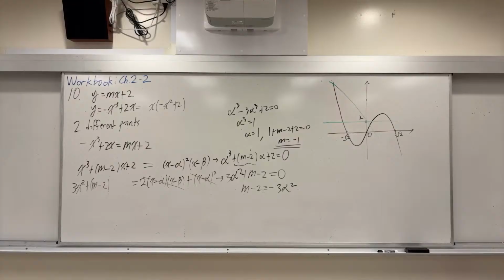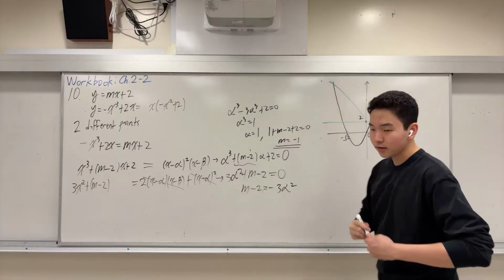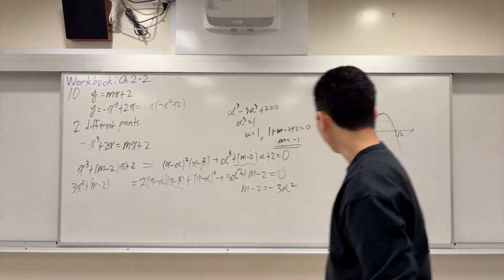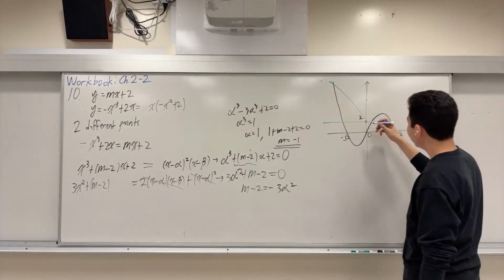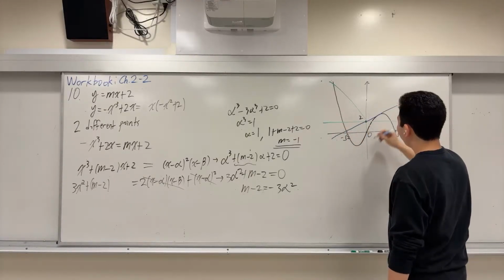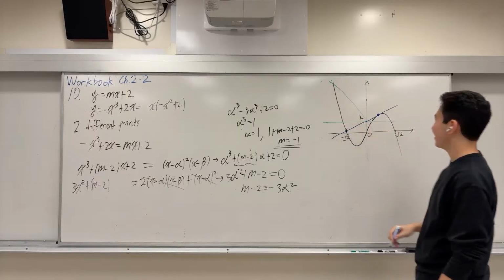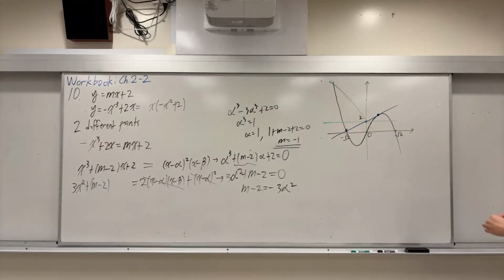But there's only one instance that we can geometrically verify, and it's this particular line here. Let me see if I have a blue marker. It's this line over here, where it's perfectly tangent at this point, and it intersects the curve again at this point. Okay.